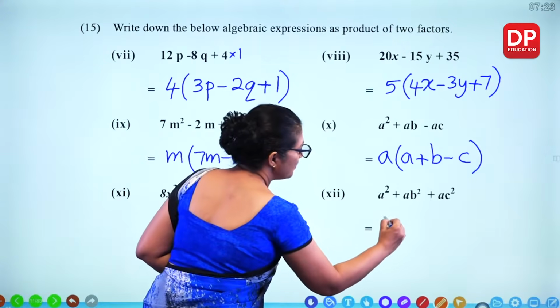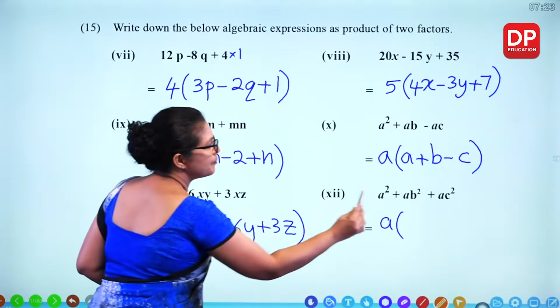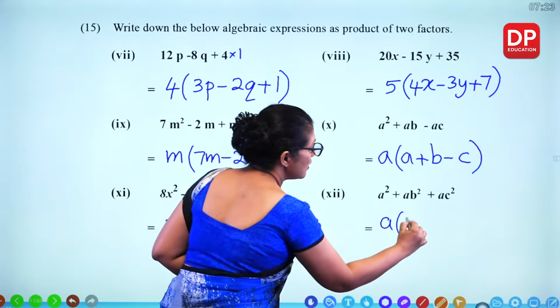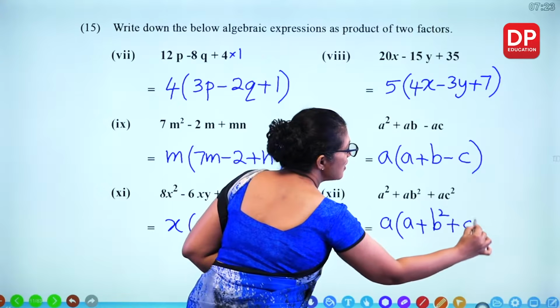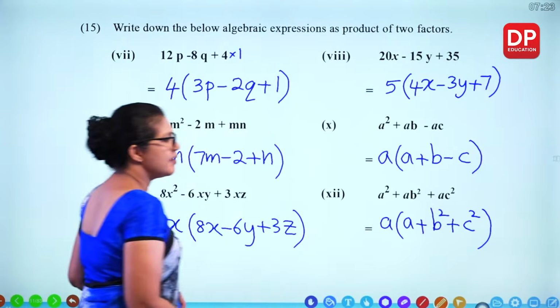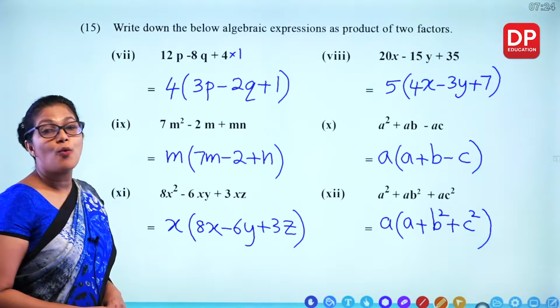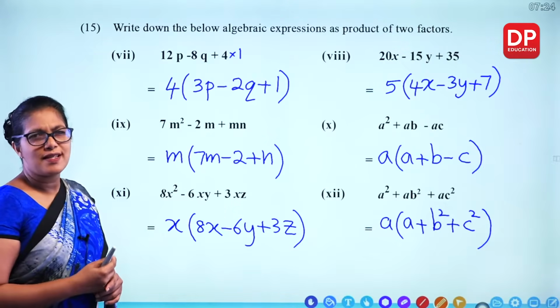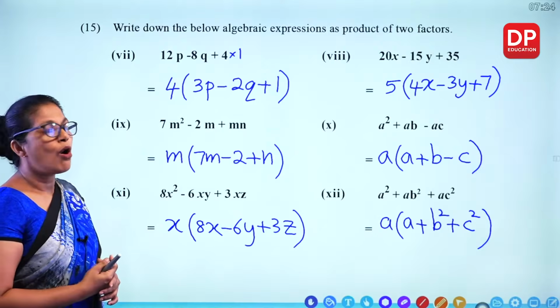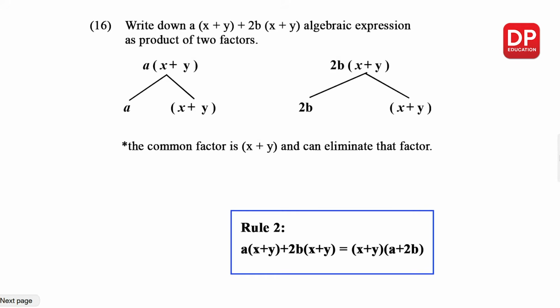A is common. When you take a out, this is a, b squared and c squared remaining. So that's how we factorize when you get 3 expressions and only one letter or number is common.